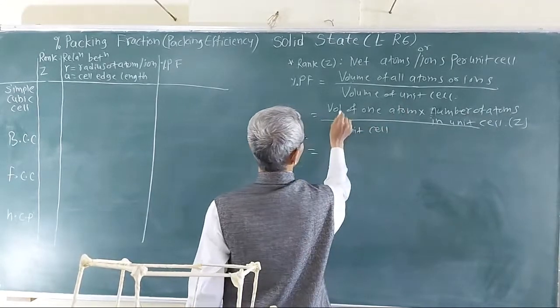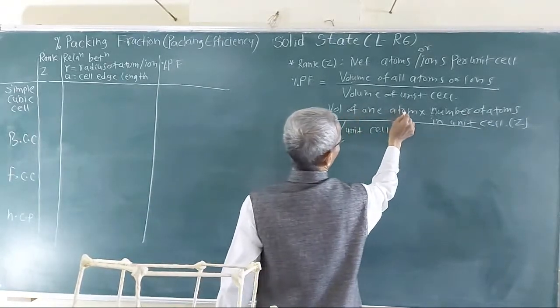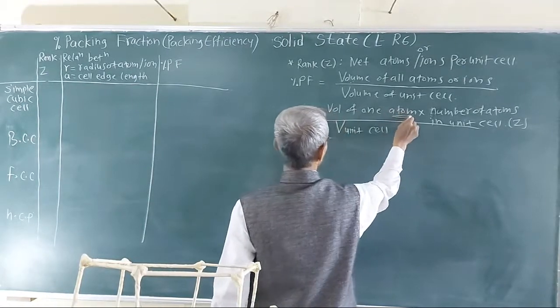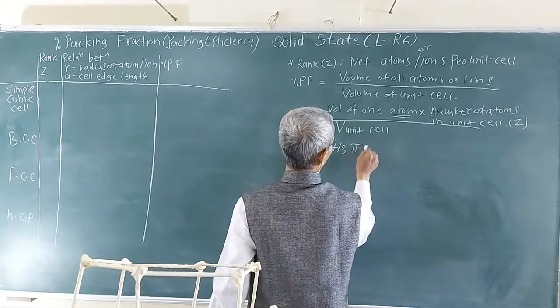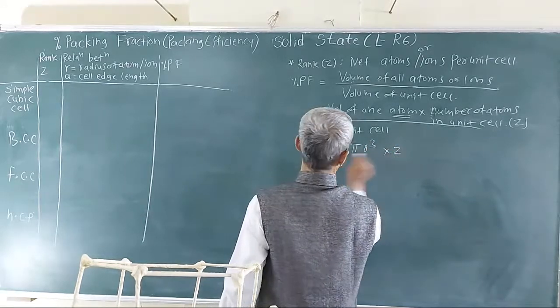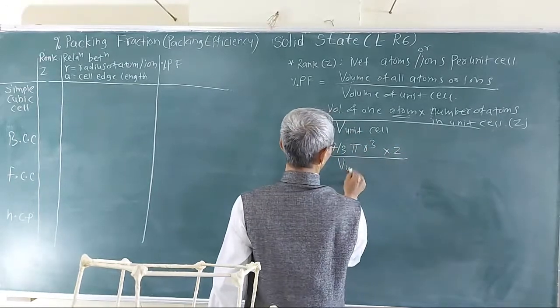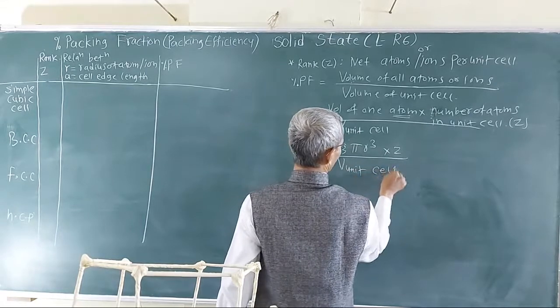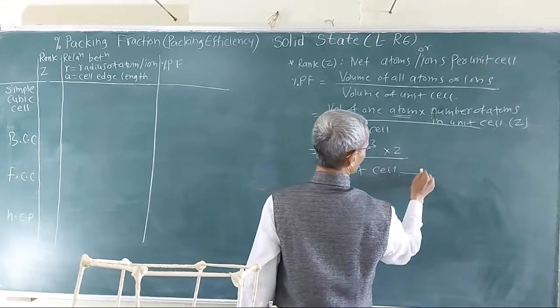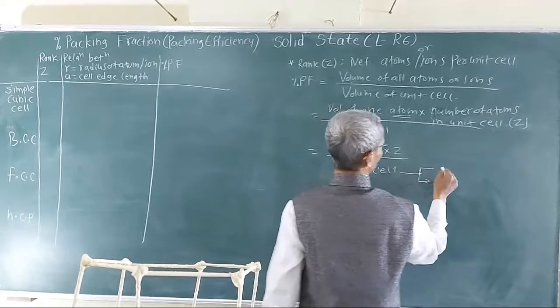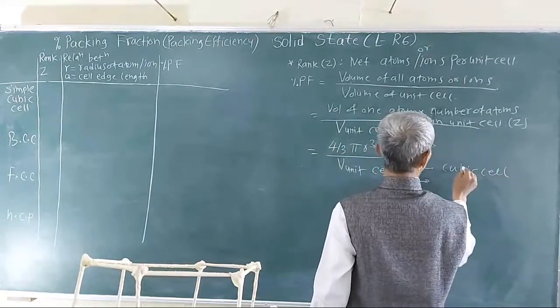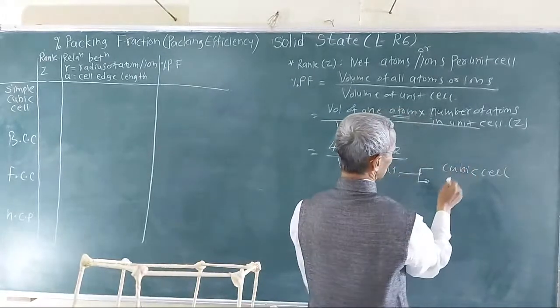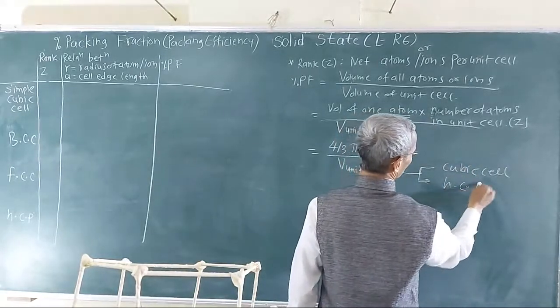Or one can write the volume of one atom, and the atoms are spherical. Therefore, the volume of a sphere is 4/3 pi r cube, and Z, divided by the volume of the unit cell. The unit cell we are going to study is a cubic cell. Okay, it may be a simple or BCC or FCC, as well as the hexagonal close packed cell.